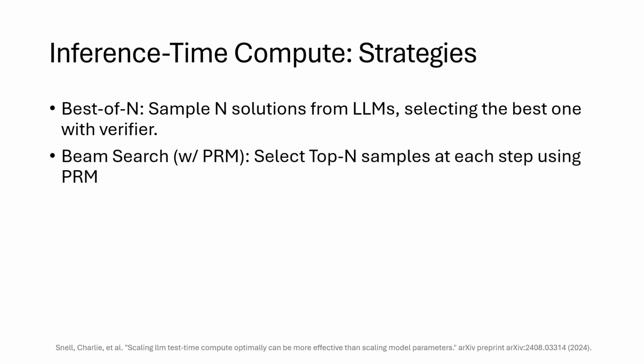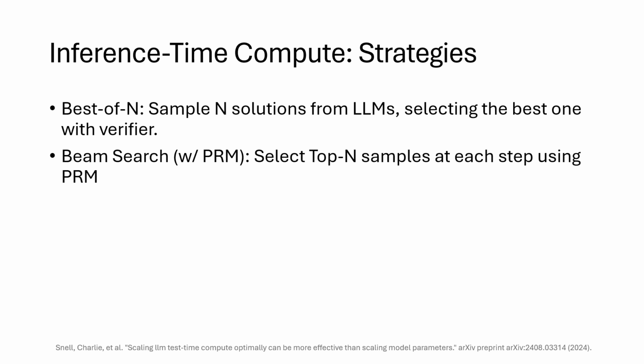We can also extend this a bit: we can do beam search with a process reward model. At each step, we sample top n steps using our process reward model and keep expanding only on these top n samples.